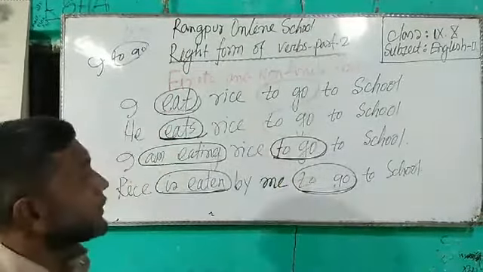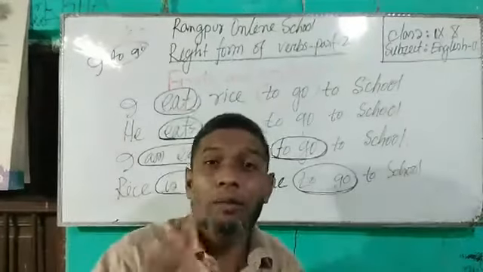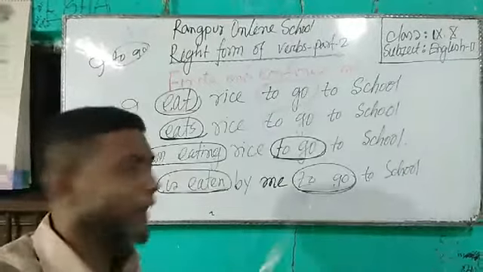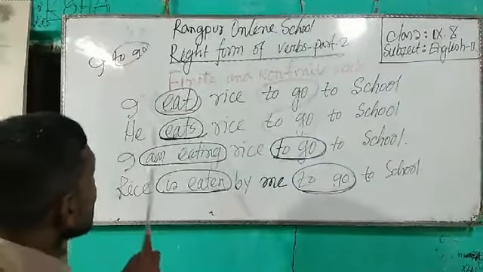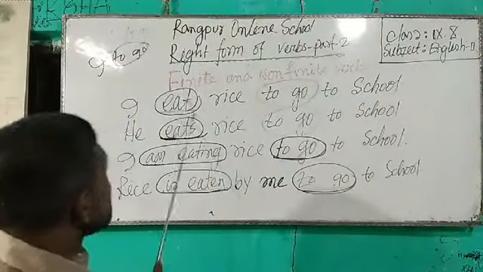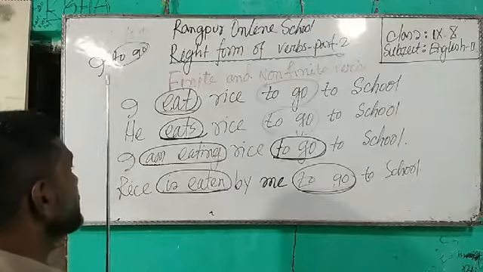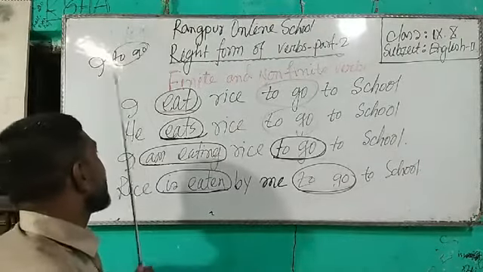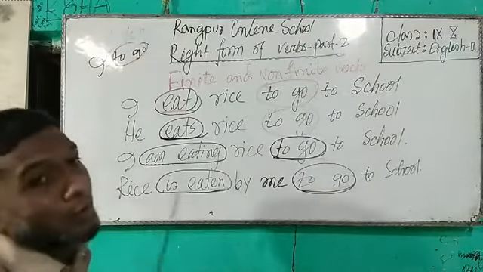So dear students, how will I find out a finite and non-finite verb? I have already shown you one point. If the verb changes with its person, tense and voice, that means the subject, number, tense and voice.